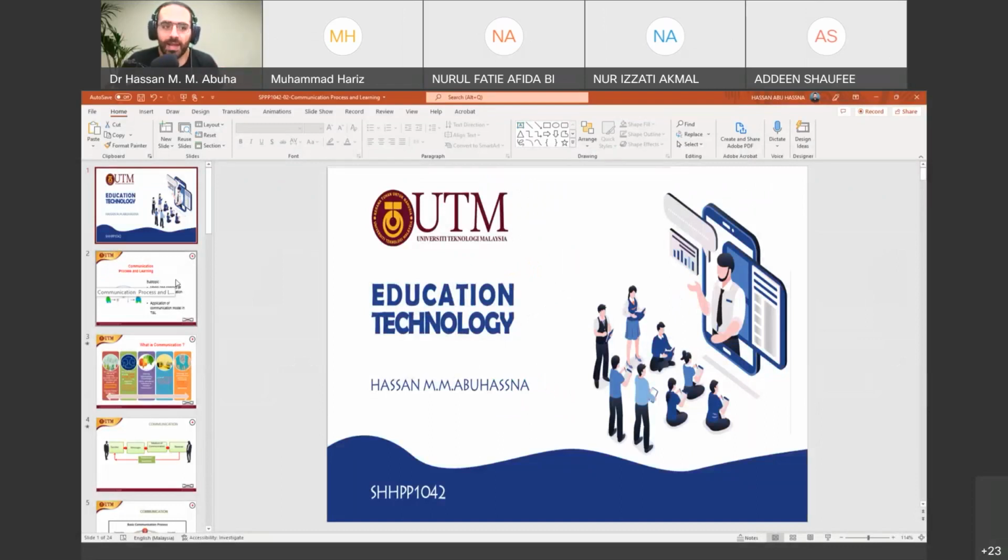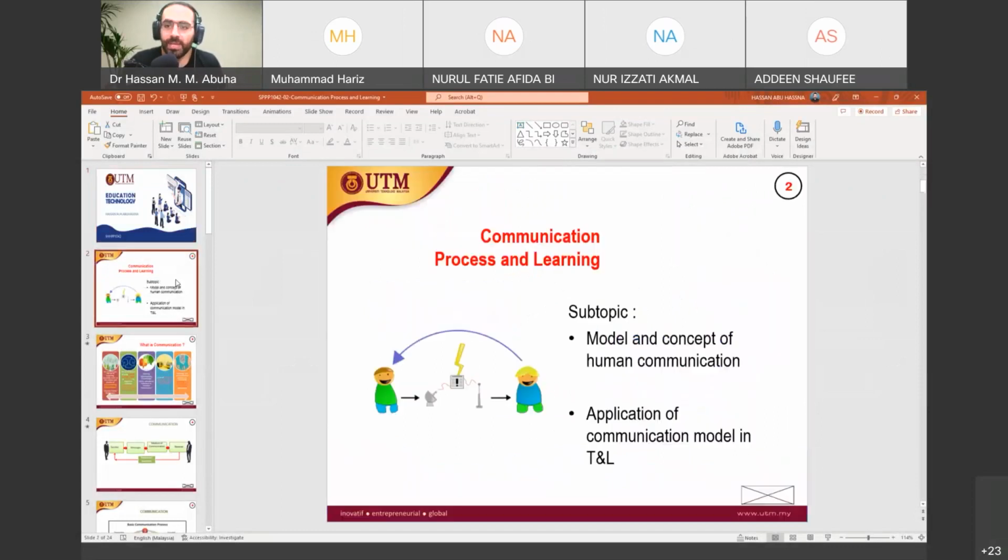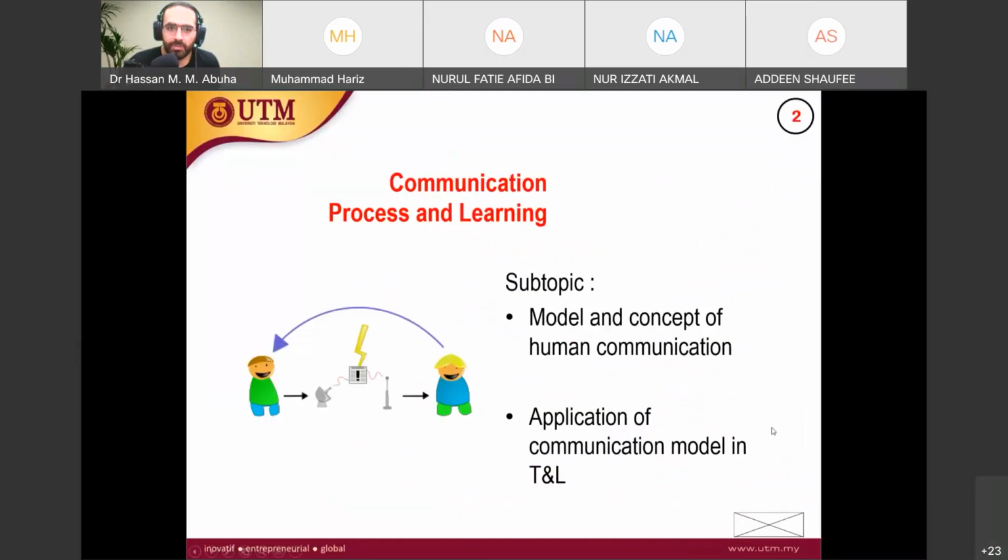How to have an argument, how to talk to each other, how to be able to affect the other part that we are talking to, which is mostly the students, okay? So when we're talking about communication, we are talking about being able to talk, being able to understand, being able to change other people's minds, which are the students, all right?